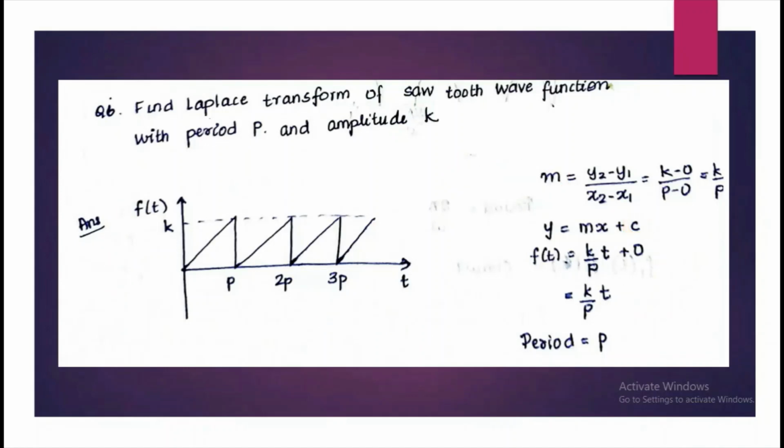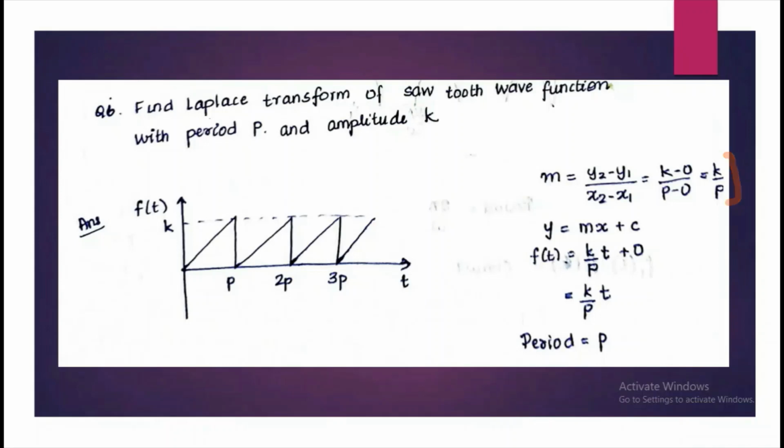To find the slope, we use the equation m is equal to y2 minus y1 divided by x2 minus x1. So y2 is this point which is k minus this point which is y1, that is 0, and x2 is this point p minus x1 which is this point 0. So substituting these values, we get the slope m is equal to k by p.